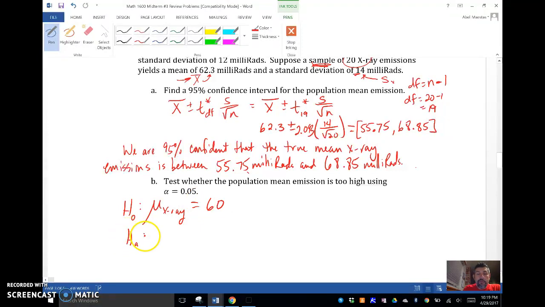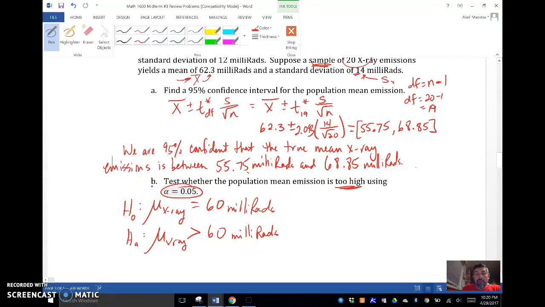Our alternative is that mu X-ray is greater than 60. It's too high, in millirads. We're going to use an alpha level of 0.05 once we get to the end here, okay?